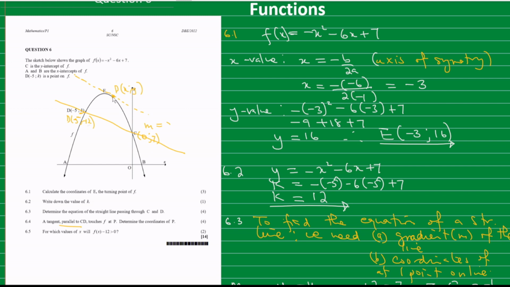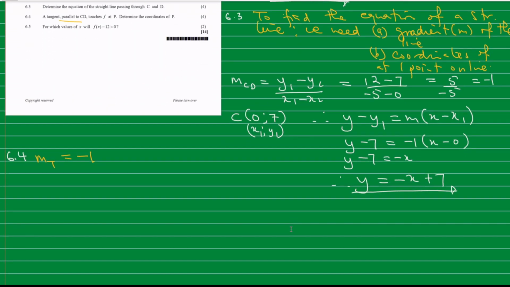If it touches at P, we now know that the gradient of the line is equal to the derivative of f at the point of contact. So we can use that to find the value of x. Let us write it as: the derivative of f(x) will be equal to the gradient of the tangent at the point of contact.